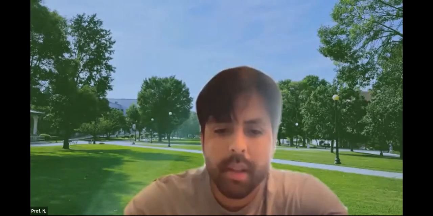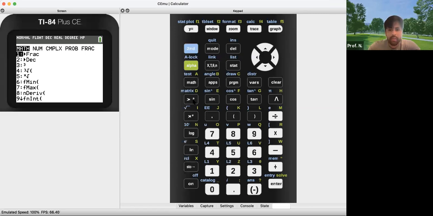Hold on. So I'm going to go back to the matrix, and then I'm going to edit B. This is a 3 by 1 matrix, so this is a column vector. The column vector is 5, -1, 2.